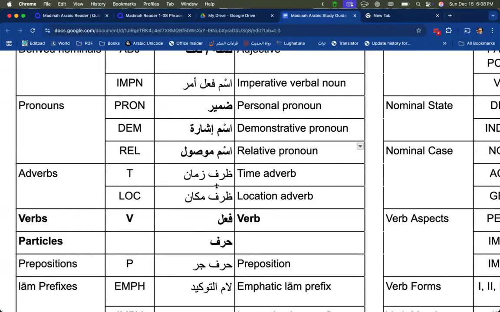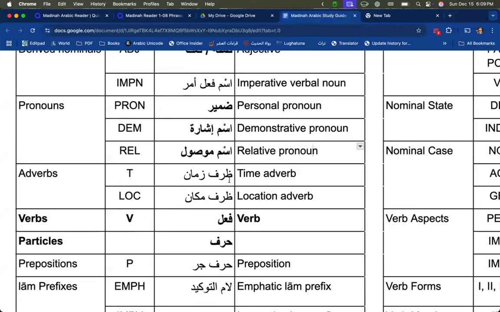Then we have done these as well. I just have not highlighted it at all to you guys. So, for example, tahta, fawqa, below, above. They are called dharf. Dharf means an adverb. So we have done adverbs. There are at least two types of adverbs. There's dharf makan, an adverb of place, meaning above something, below something, in front of something, behind something.